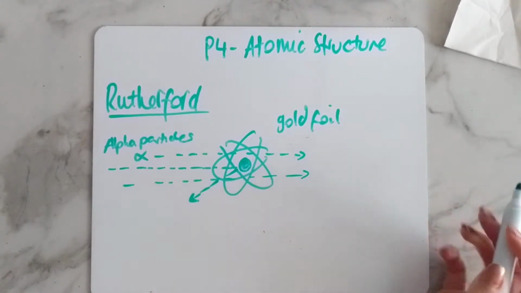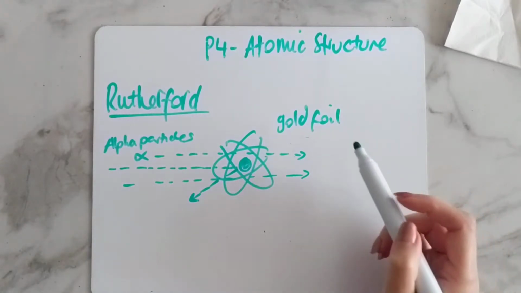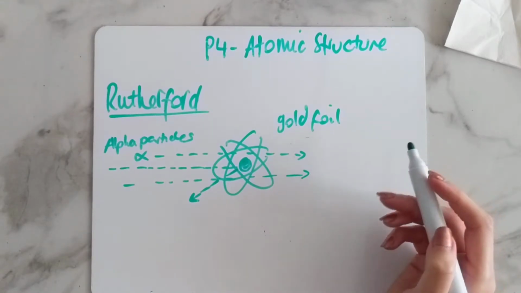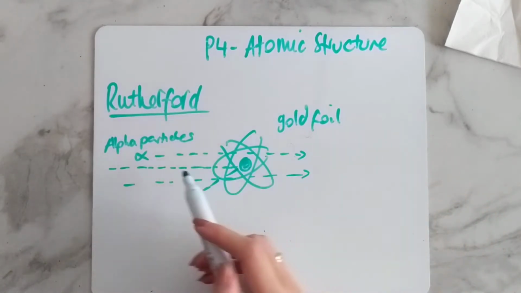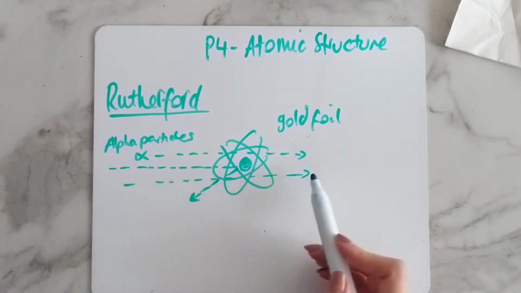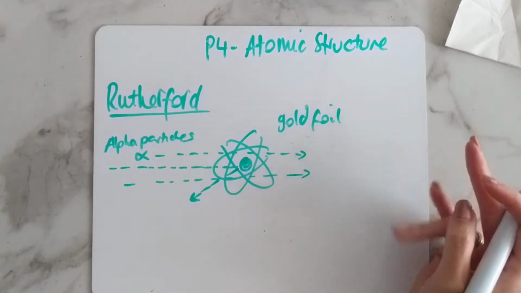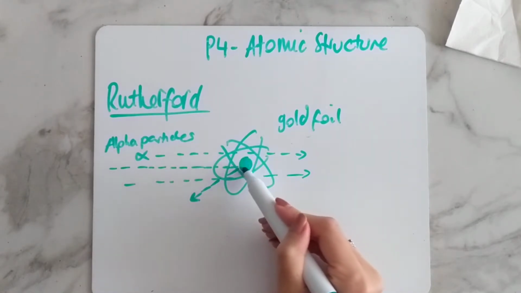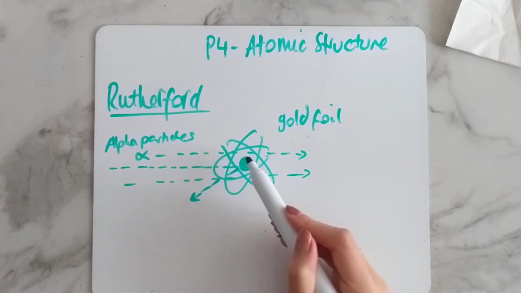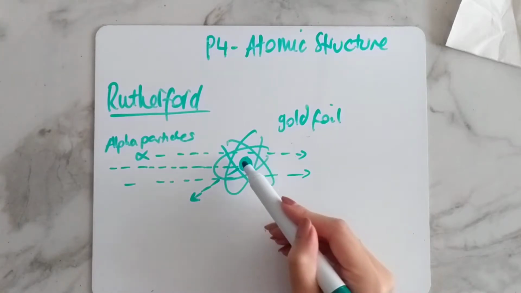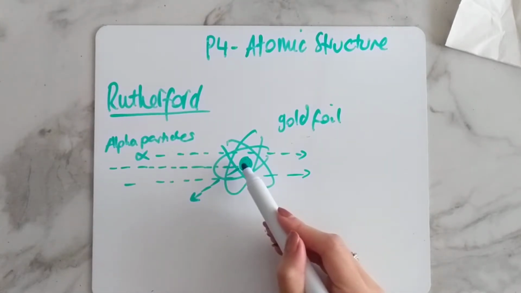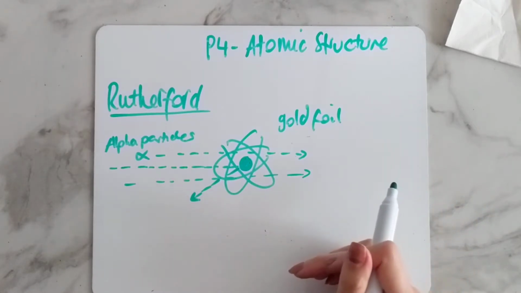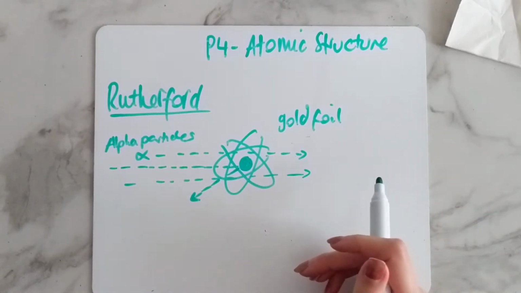So this told him that Thomson's plum pudding model can't be right, because that model said the whole atom is solid. How can all these alpha particles pass straight through if the atoms are solid? It also told him that there is some sort of central charge in the middle, and that's why some of the alpha particles reflected back after hitting that center point, which we now know is a nucleus.